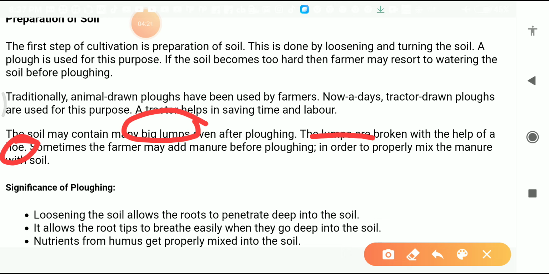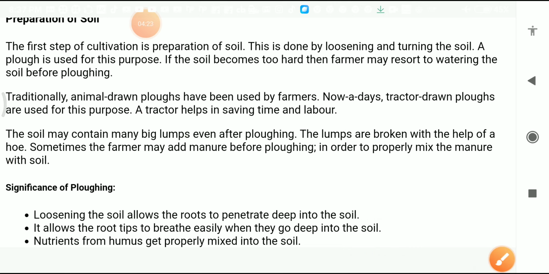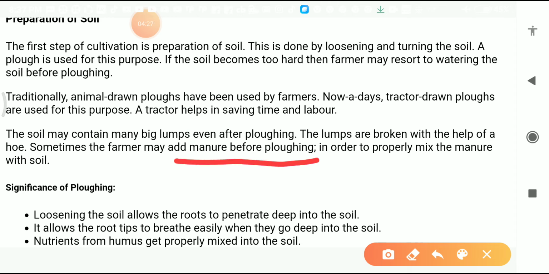Sometimes farmers add manure before plowing. Why do farmers add manure before plowing? Because manure is easily mixed with the soil. During the plowing, if we use the manure before plowing, then this manure can easily mix into the soil.